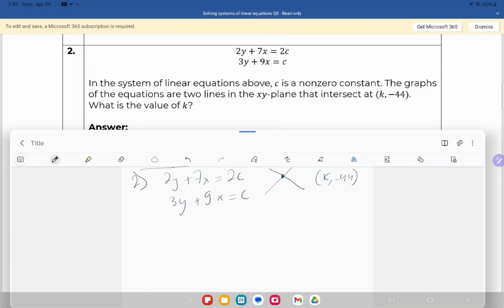So can't I just substitute k for x and minus 44 for y? So 2 into minus 44 plus 7 into k is equal to 2c. 3 into minus 44 plus 9k is equal to c, sorry, this one was equal to c, not 2c.